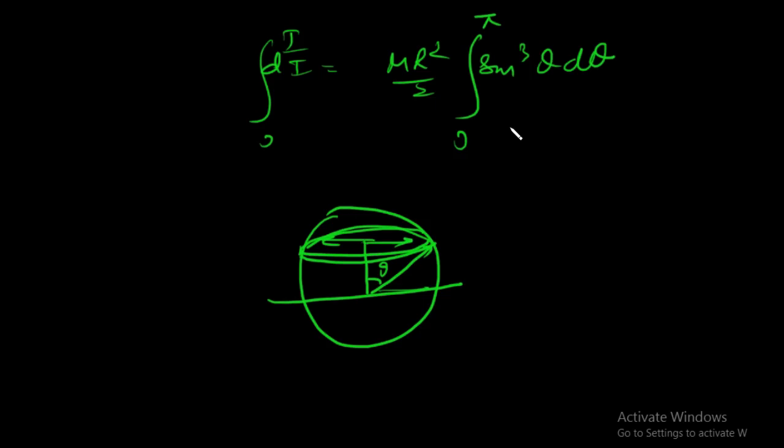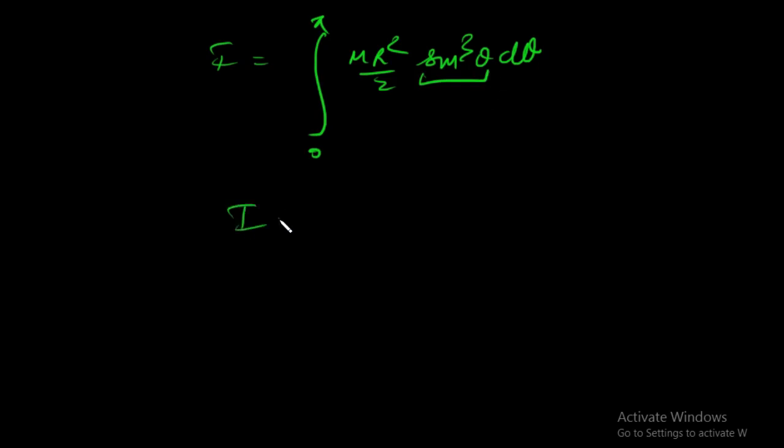So what is the solution of this? I is equal to the integral from 0 to pi of m r square by 2 sine cube theta d theta, right? So we can break this sine cube theta.